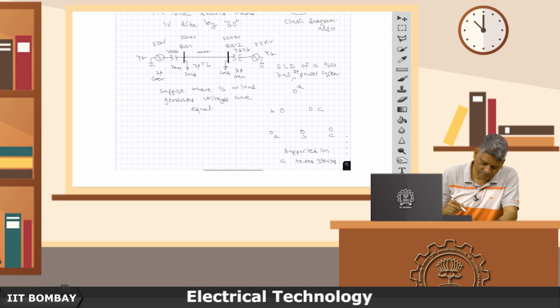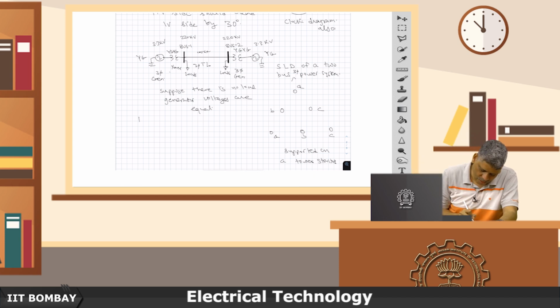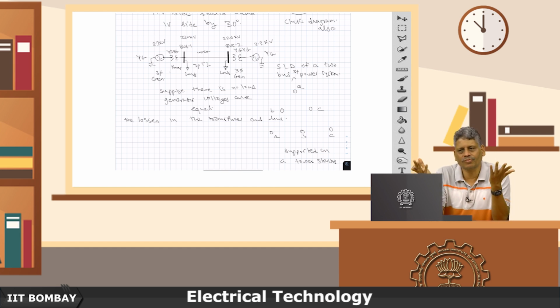Now, for the time being, since I have not connected any load, the mechanical input to the generator is also 0, because the electrical output from the generator is 0, and I am ignoring the losses in the transformer and line. So, therefore, no power is flowing through the line, or it is being drawn by the load. So, it is called an unloaded system. Actually, power will usually be flowing towards the load in a loaded system.